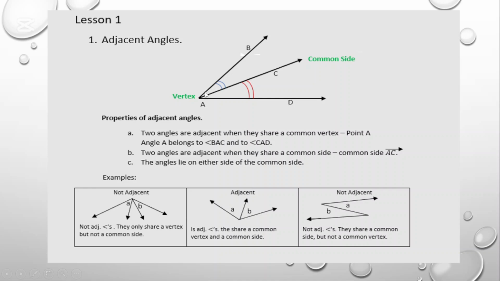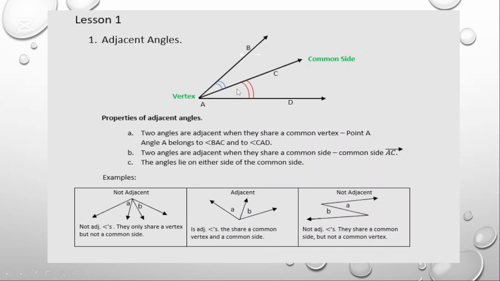Both of them have the same vertex. Vertex A belongs to BAC, vertex A belongs to CAD. So we say these two angles, this angle and that angle, share a common vertex, named point A. Secondly, these two angles also share a common side AC.